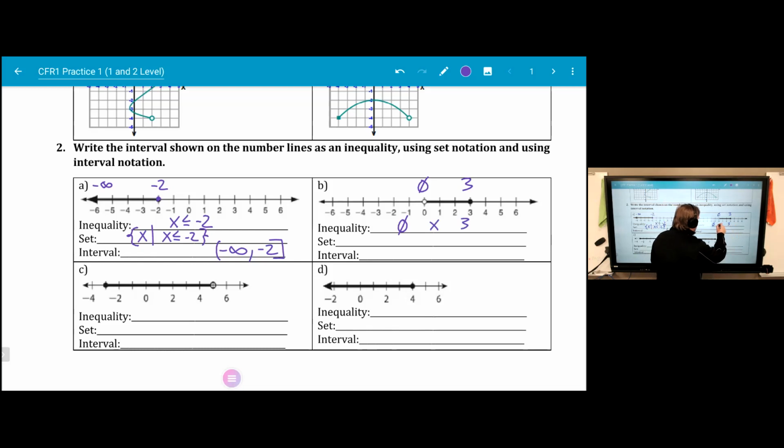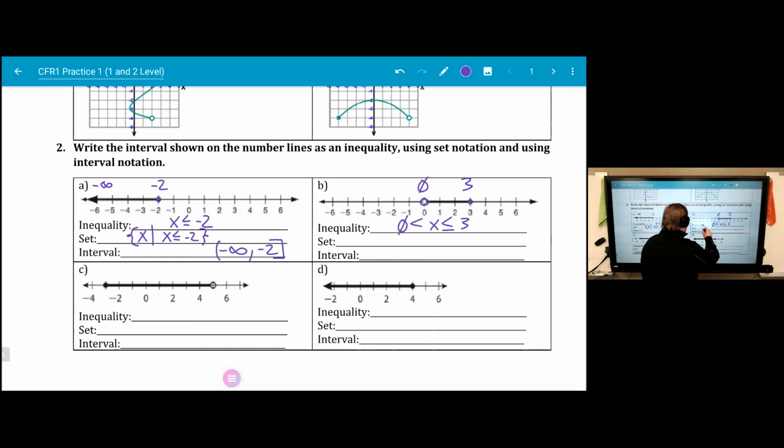It's going to need to be bigger than 0 and less than 3. Because this is open at 0, it's not or equal to, but because this is closed at 3, it could equal 3. So this is saying that X is somewhere between 0 and 3, but it could be 3, but it can't be 0. 0 is less than X, which is less than or equal to 3.